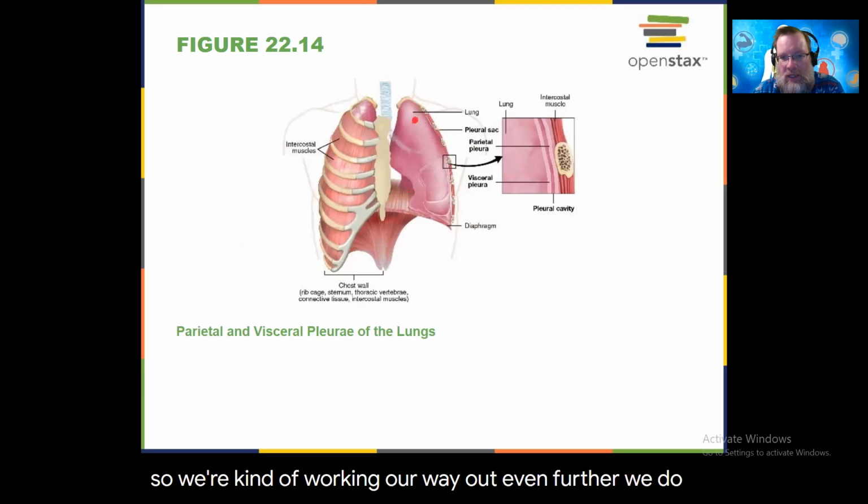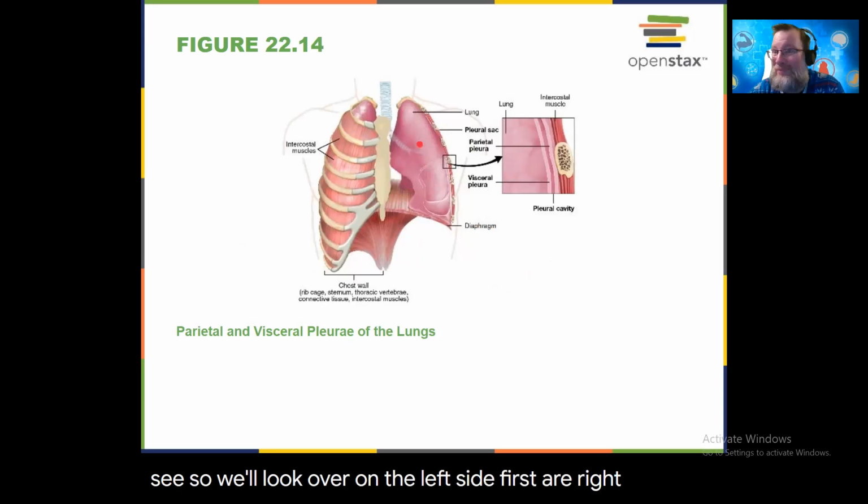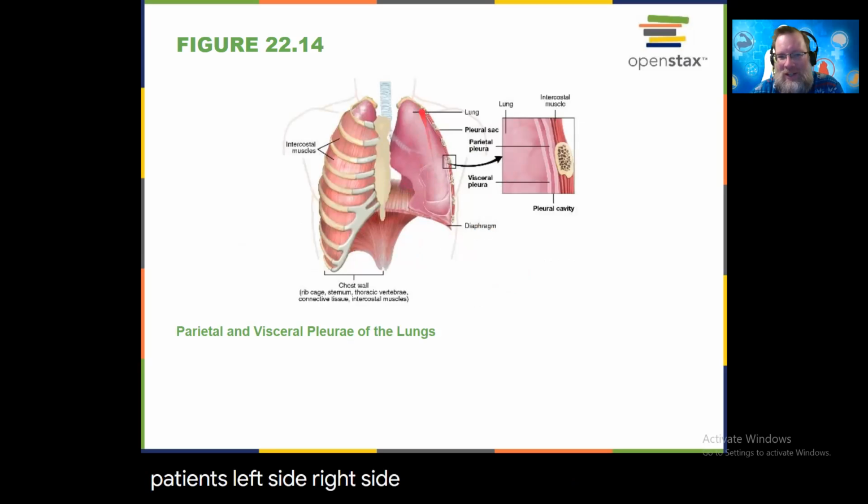We'll look over on the left side first, the patient's left side, the right side of the screen. We see the thoracic cage being removed so we can get a better look. This isn't normal.